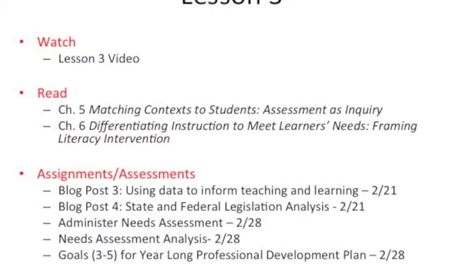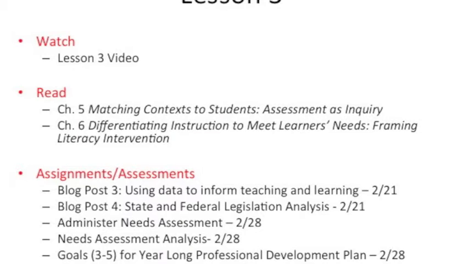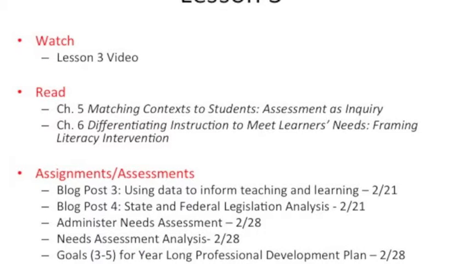And blog post 4 is the state and federal legislation analysis assignment. And so the assignment is all ready for you, and you just need to address those questions in the form of your blog post.